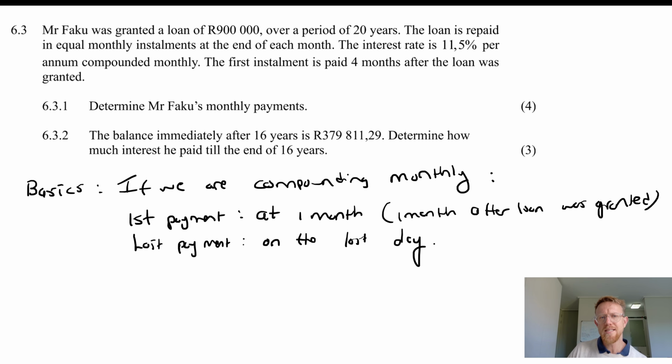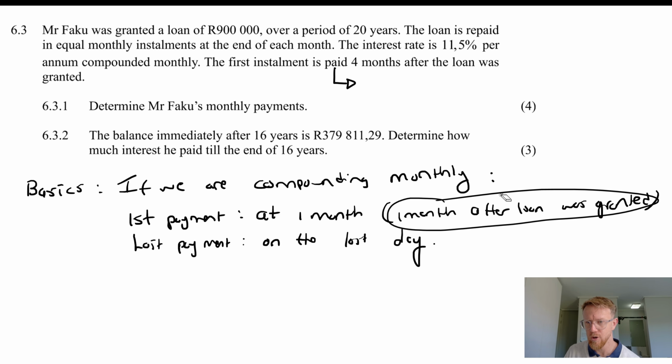So we see here that the first installment is paid 4 months after the loan was granted, but the first payment was supposed to be 1 month after the loan was granted. So how many payments have been missed? Don't say 4, because remember, the first payment was supposed to only happen 1 month after the loan was granted.